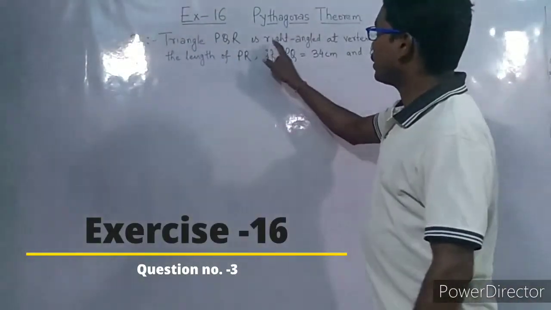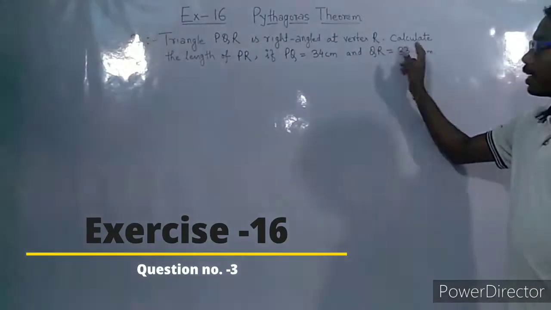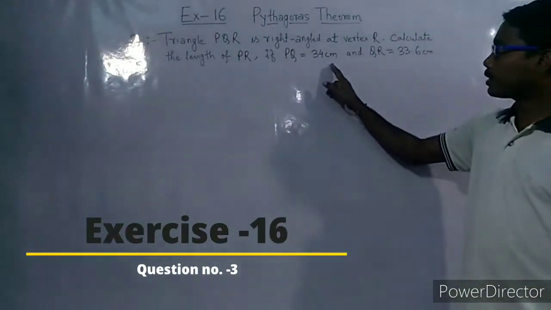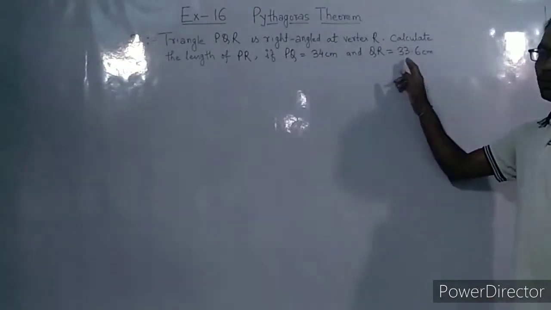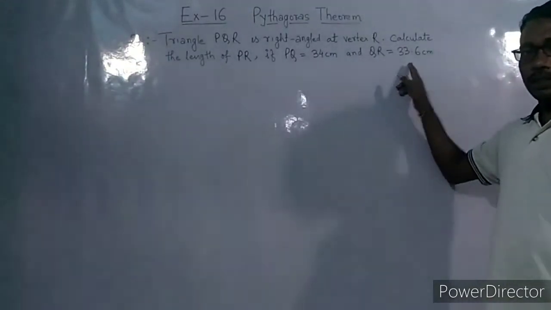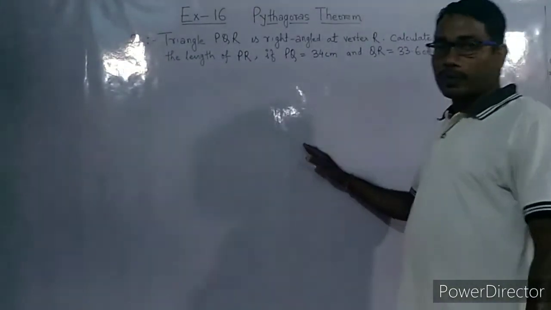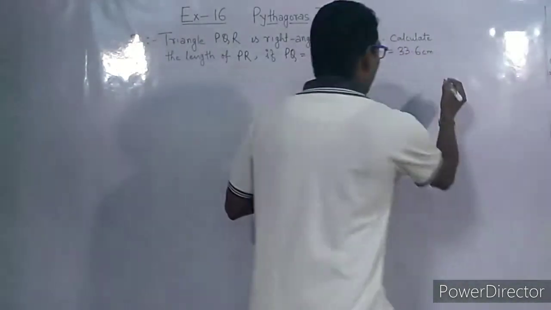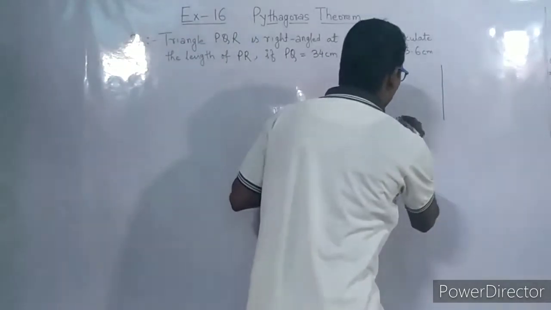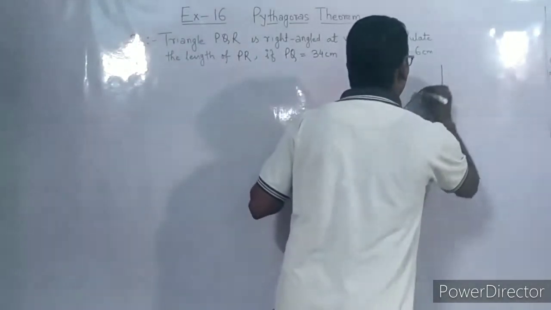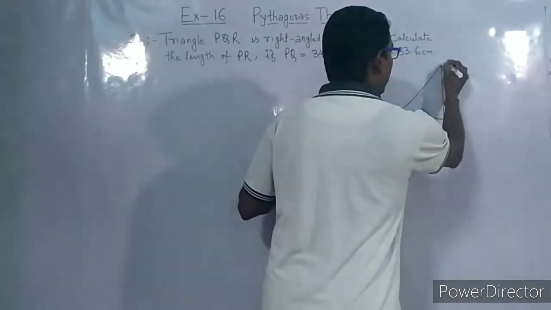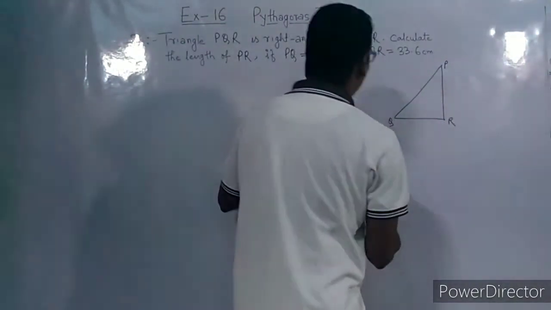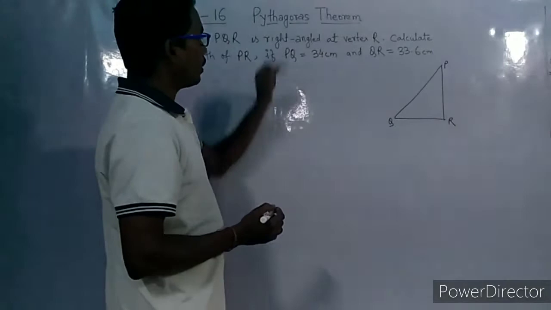Triangle PQR is right angled at vertex R. Calculate the length of PR if PQ is 34 cm and QR equal to 33.6 cm. To solve this problem, we have to draw one right angle triangle like this. Mark it as P, this will be Q and this will be R. Vertex R is the right angle.